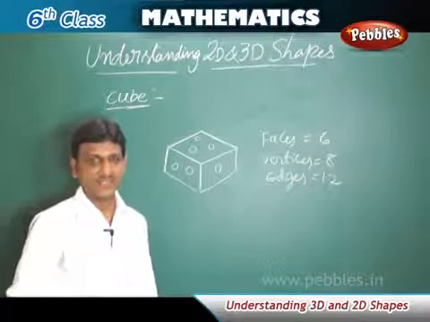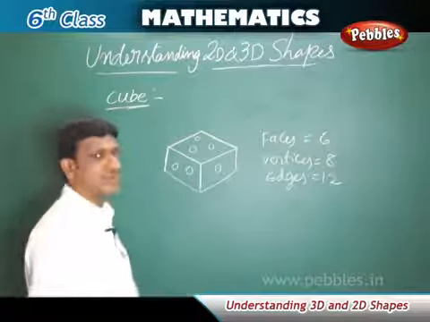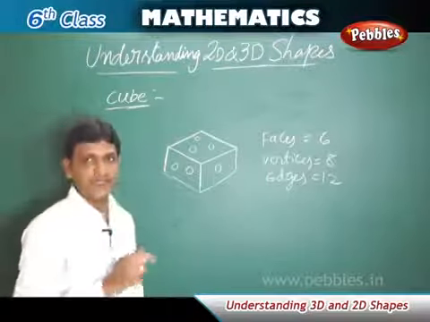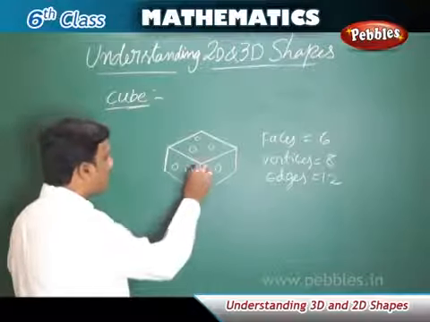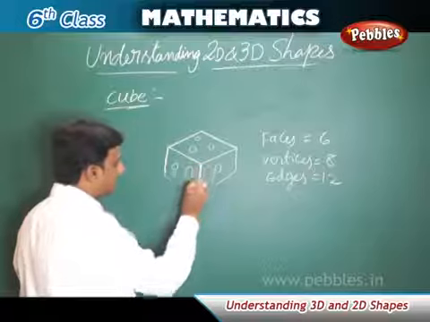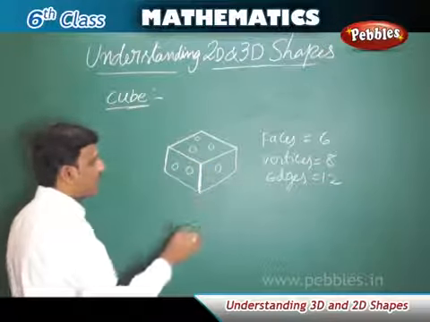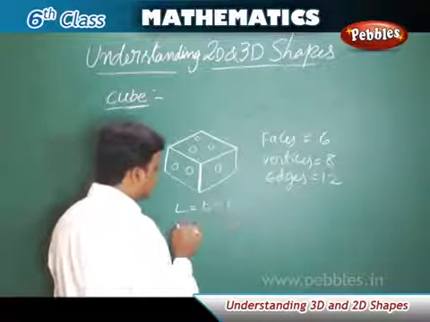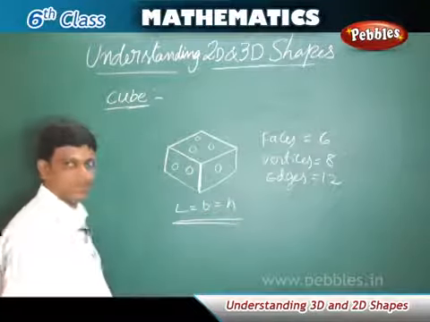Then what is the difference between a cube and a cuboid? The main difference is that the cube has length, breadth and height, and all these three are equal.